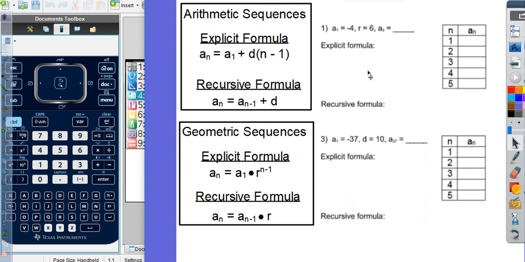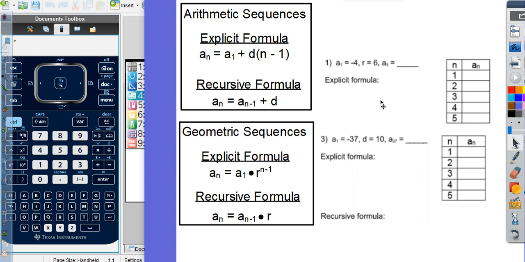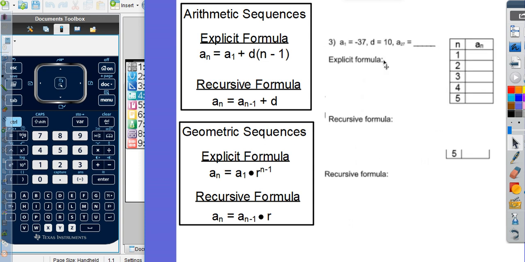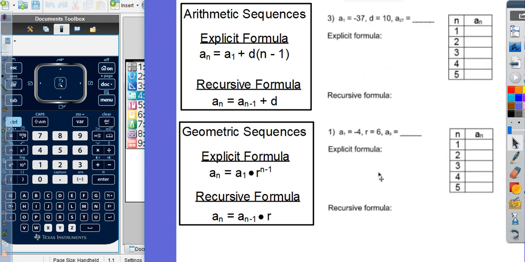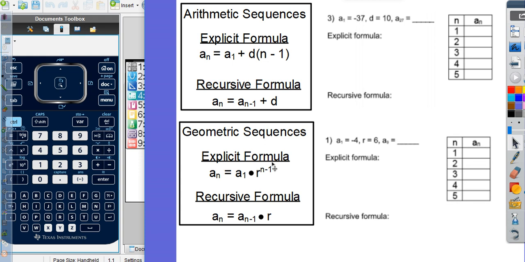Here we have D. R means ratio, by the way. D, which means difference, is arithmetic. Okay, arithmetic is going to be your addition and subtraction. Geometric is going to be your multiplying and dividing. So just so that this doesn't confuse anyone, I'm going to switch these so that the geometric one is across from its formulas and the arithmetic is across from its.